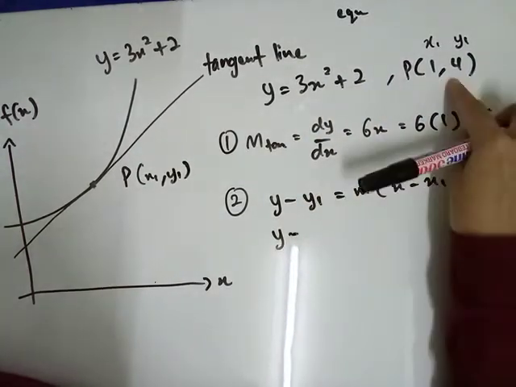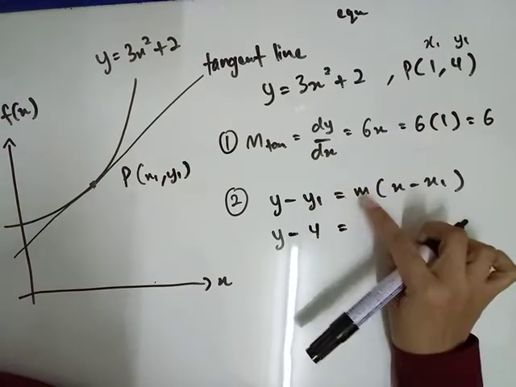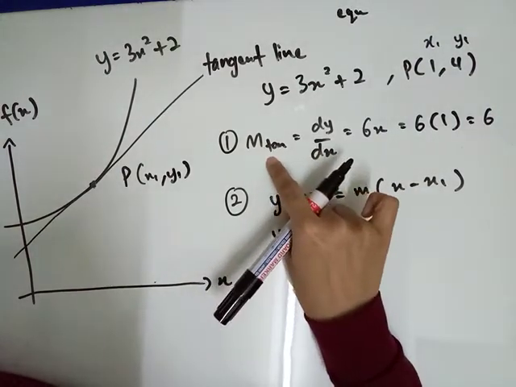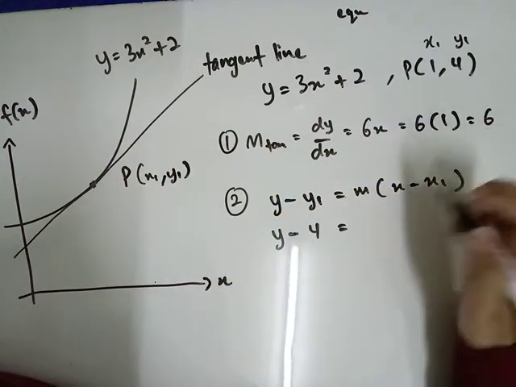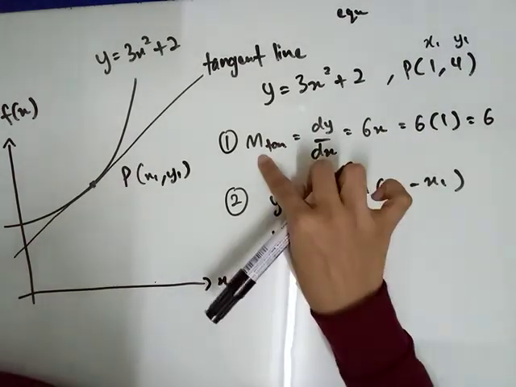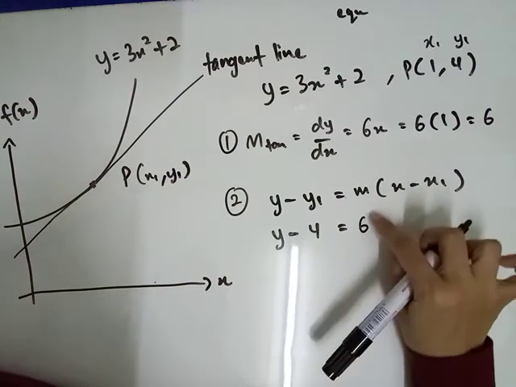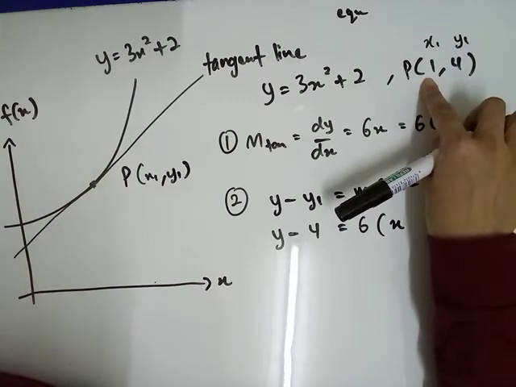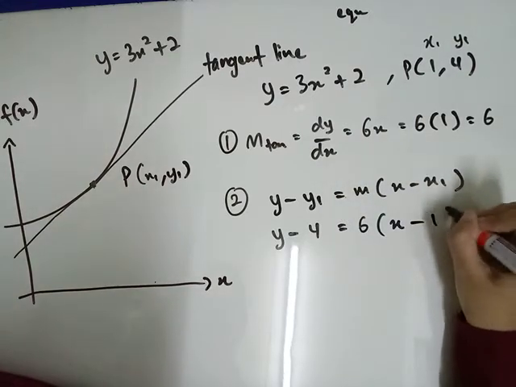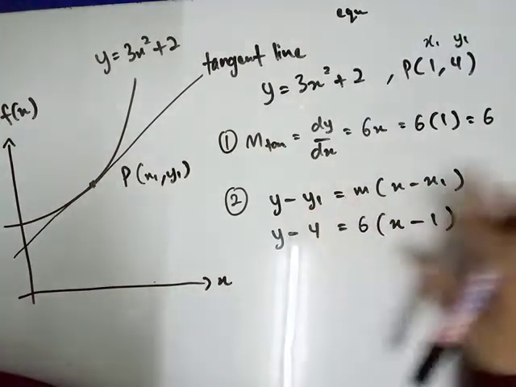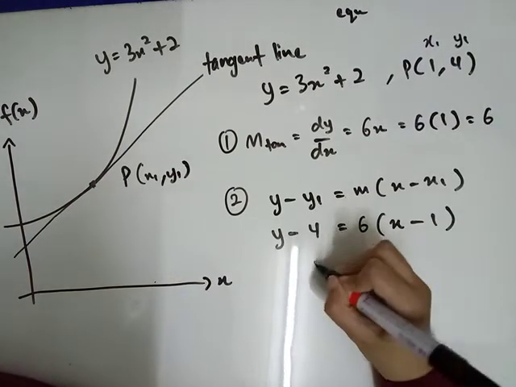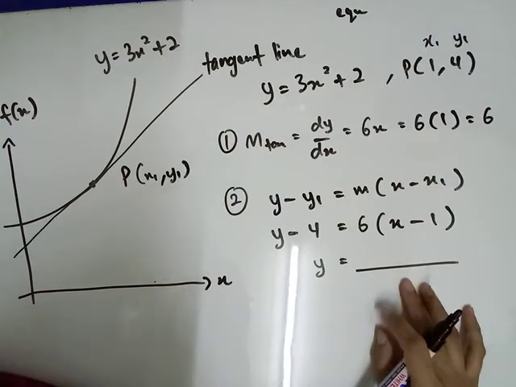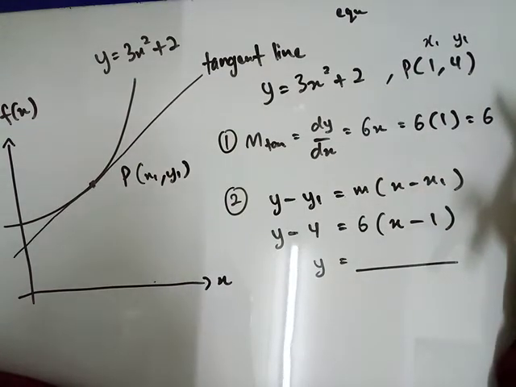Y minus 4 equals m, what is m? m is the gradient of the tangent, which is 6. Substitute into the formula. And then x minus x1, x1 is at this point P. And then you need to solve to get an equation. So this is the step to find the equation of the tangent line.